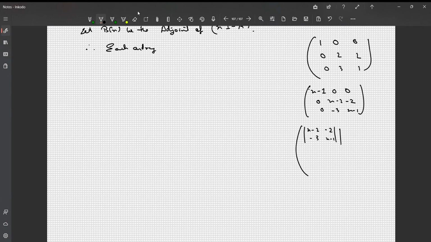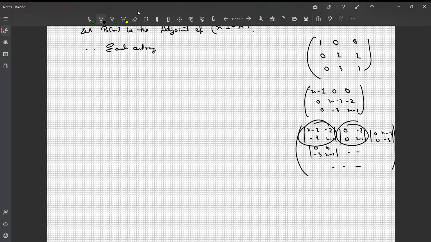Then the cofactor of 2, it's 0 minus 2, 0 x minus 1, then you have 0 x minus 2, 0 minus 3, and you cancel out these things. So it's 0 0, minus 3 x minus 1, and so on. I hope you have got what I am trying to say.